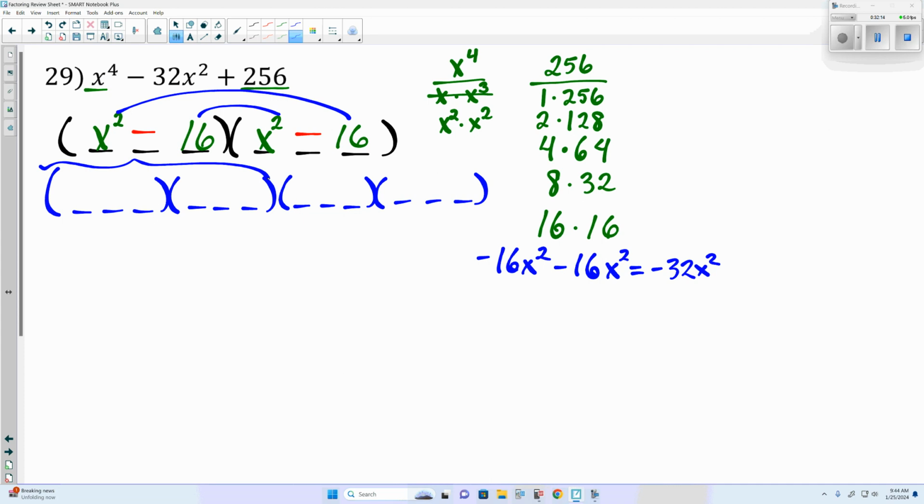If it asks for fully factored, we need to go all the way down. You'll get at least half credit for getting there. Because x squared minus 16, difference of perfect squares, yes? Difference of perfect squares, the signs are automatically opposite, yes? What times itself is x squared? What times itself is 16?